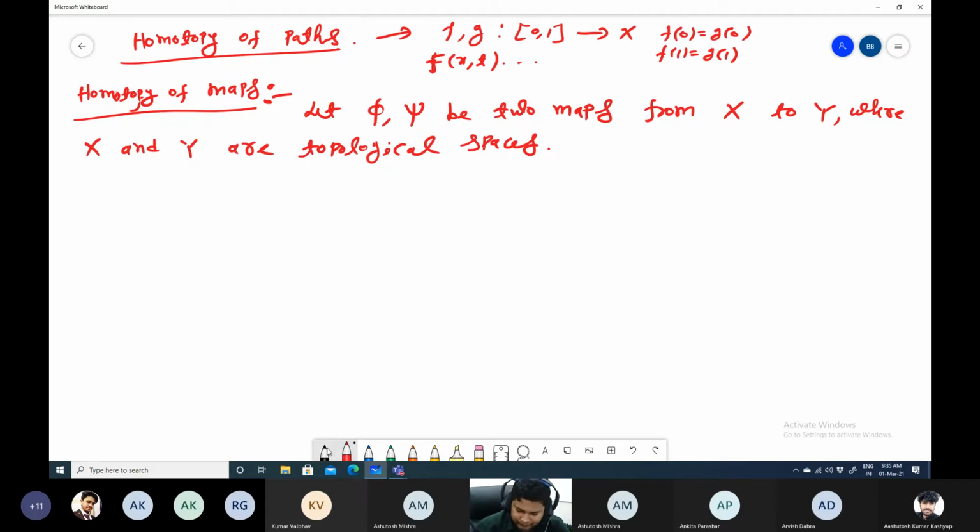Okay, right. So first of all, we define homotopy of maps. It is called homotopy with base point preserving.